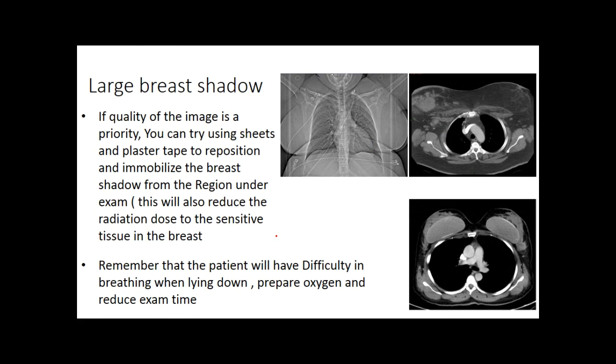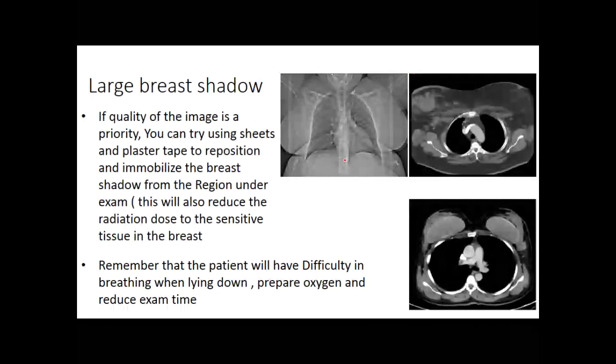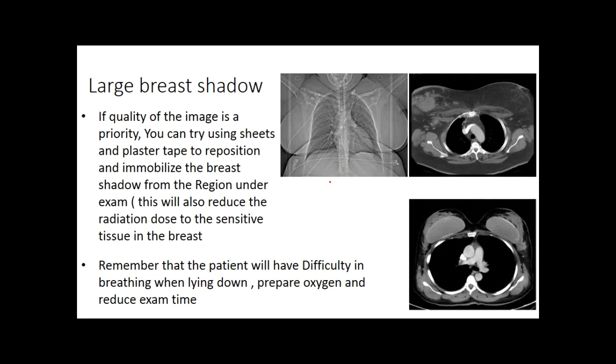For us, definitely provide privacy. First of all, female patients will definitely prefer female technologists. If it is important to reposition the breast tissue, what you can use is a sheet under the breast and try to pull it upwards if the area of interest is down.